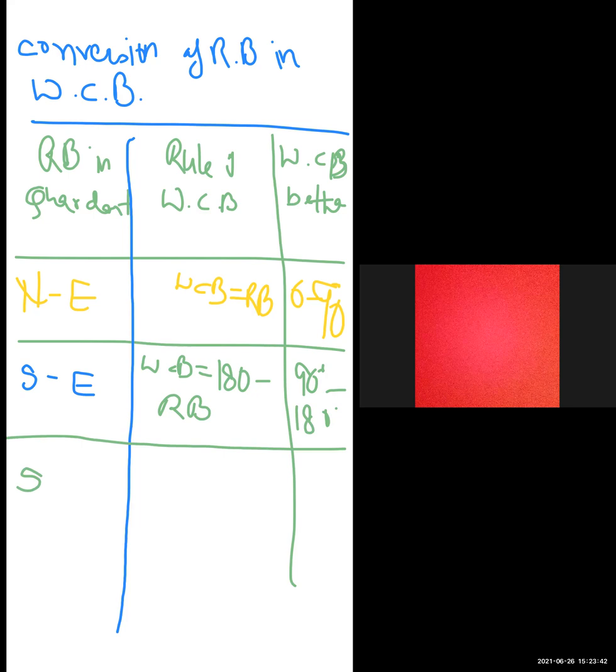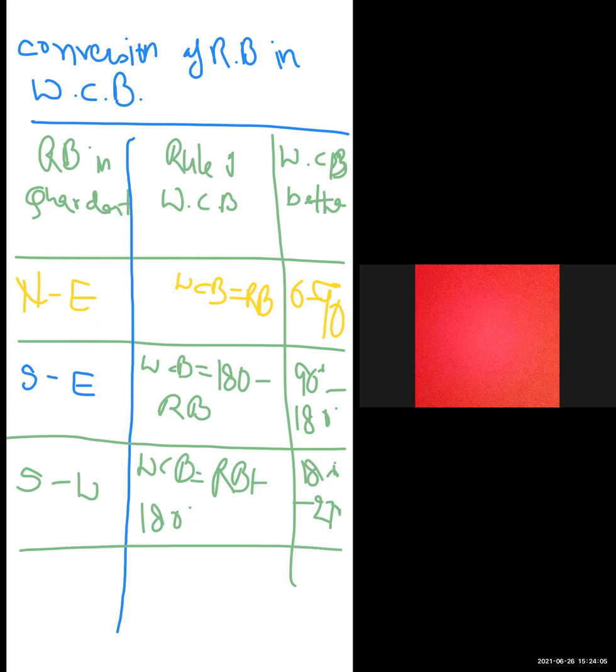if RV is in the southwest, then WCB equals RV plus 180 degrees, so the angle is 180 degrees to 270.